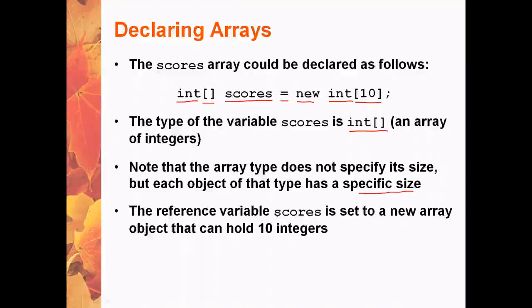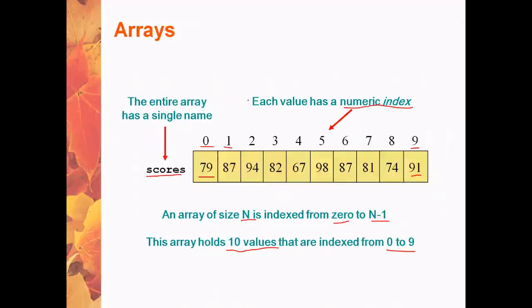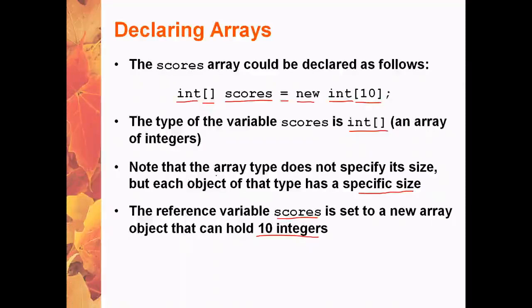The reference variable scores is set to a new array object that can hold 10 integers. So scores is a reference variable, meaning it points to the actual memory locations which store the values. You can see this in the last diagram. So scores is simply a pointer which points to the actual values, and that is why it is called a reference variable. Okay, this is how we can declare an array.